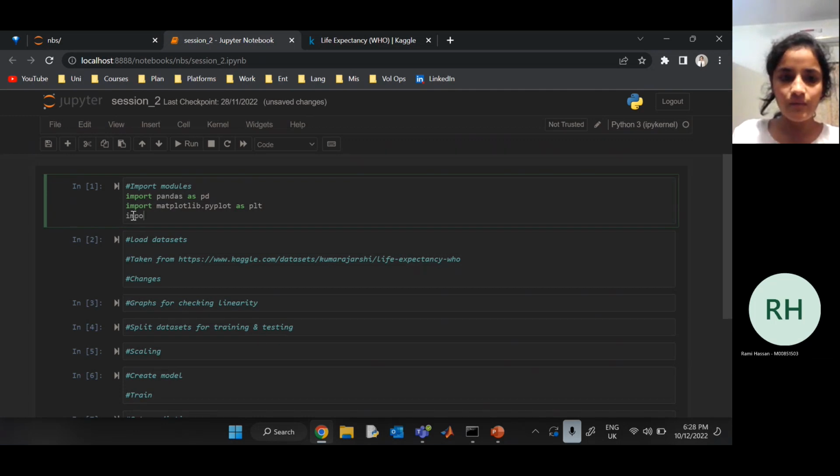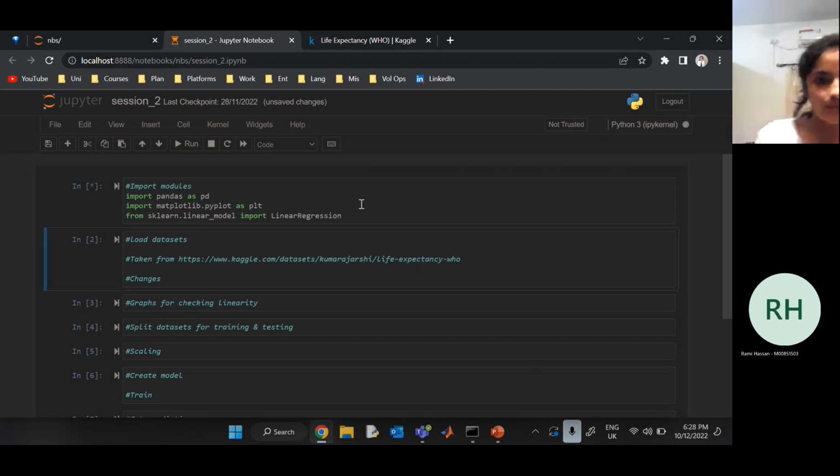So, oh, sorry. We're not going to import the whole thing, only that one object. So from sklearn.linear_model import that object is called LinearRegression, right? LinearRegression. Okay, I run this. It's all imported.